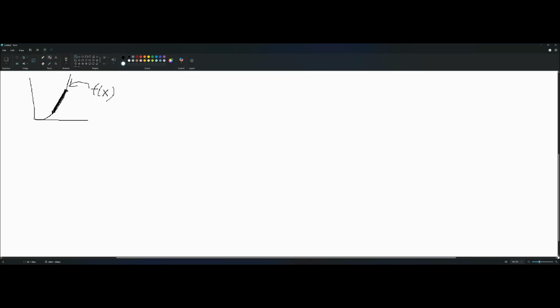We want to find that. Well, that's just our slope formula, and we all know what the slope formula is, right? We know that it is y2 minus y1 all over x2 minus x1, right?